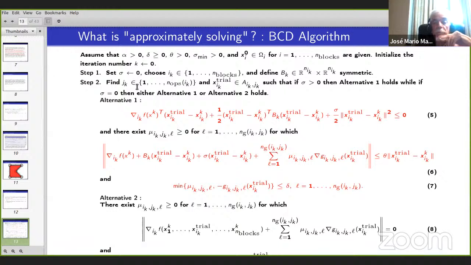And I find one of the feasible sets in which I represent what happens, and I find the new iterate in this feasible set, in one of the open sets. The new iterate is in this open set that I find in some way.